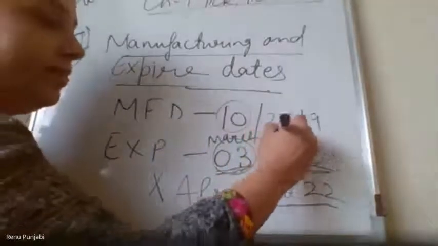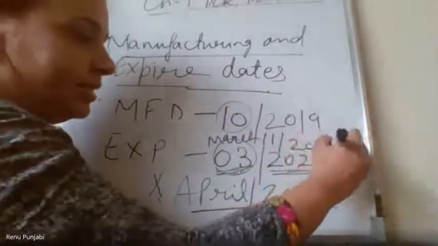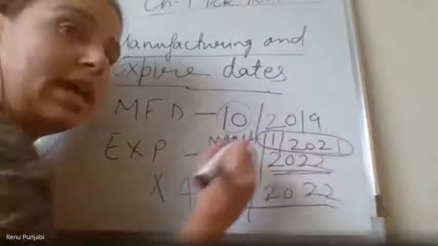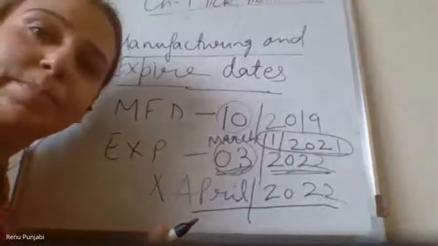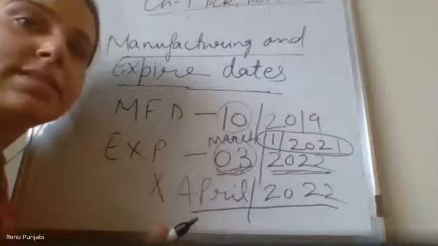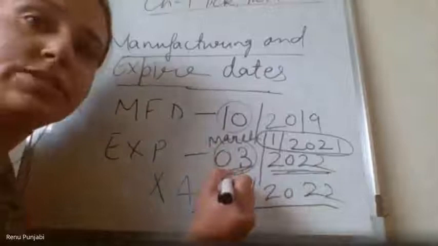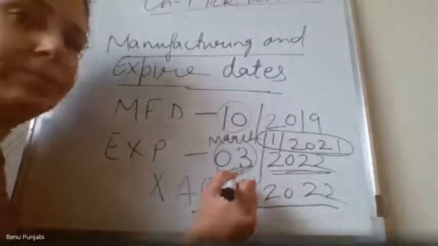Now 11/2021. Can I use this at this time, 11/2021? Yes, I can use it because there are still a few months to expire.